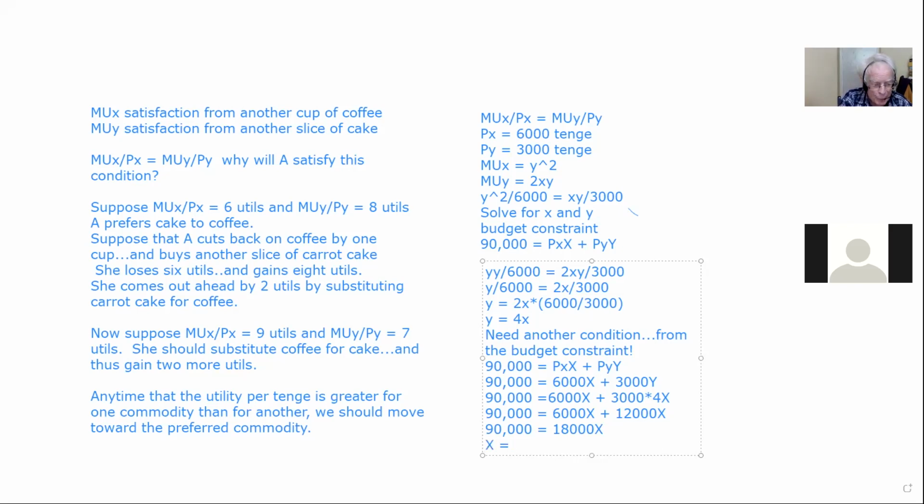So I get that X is equal to 90 divided by 18, or 10 divided by 2, or equal to 5.